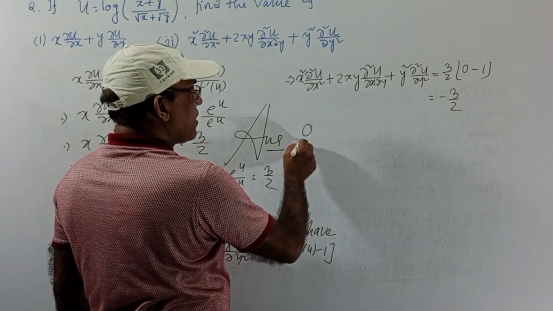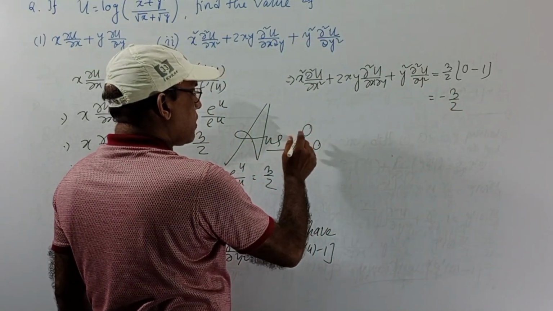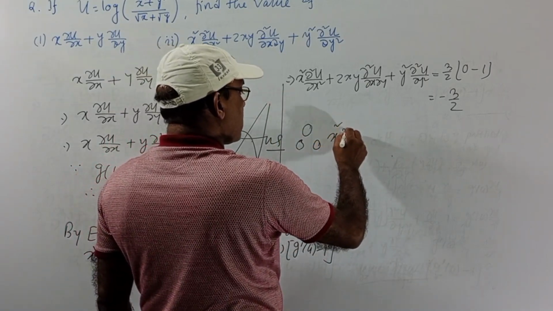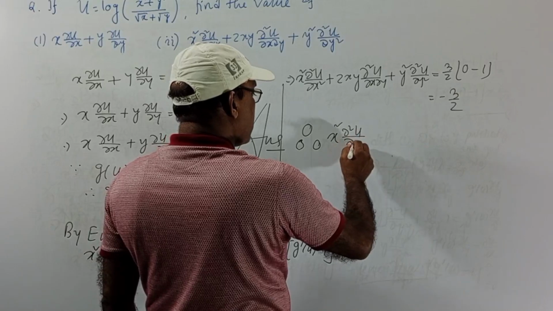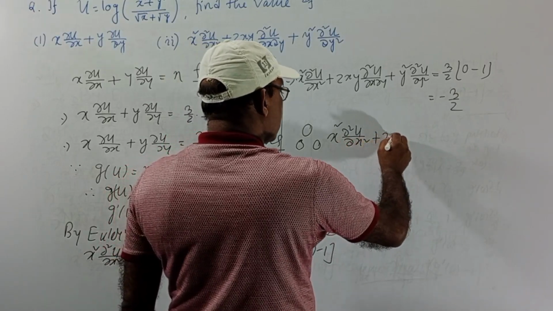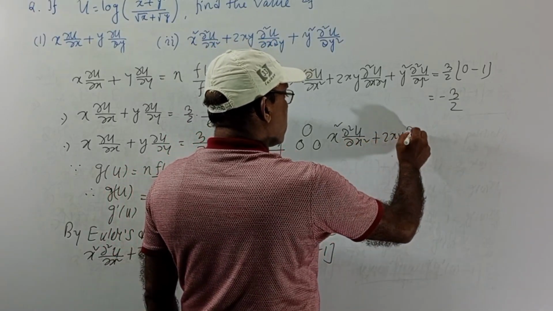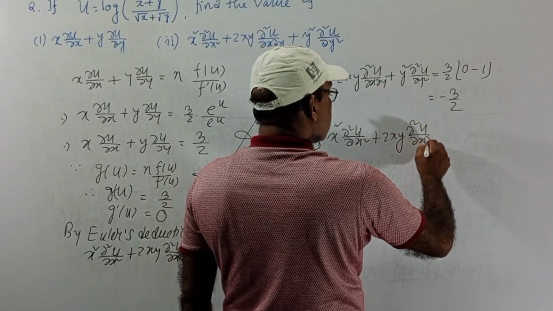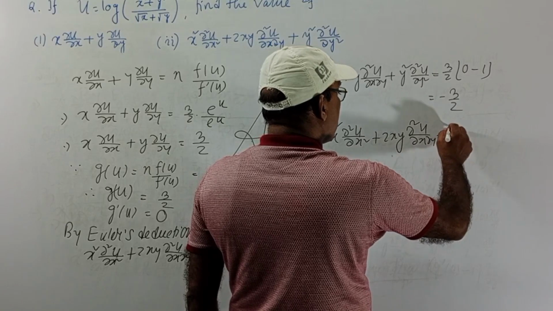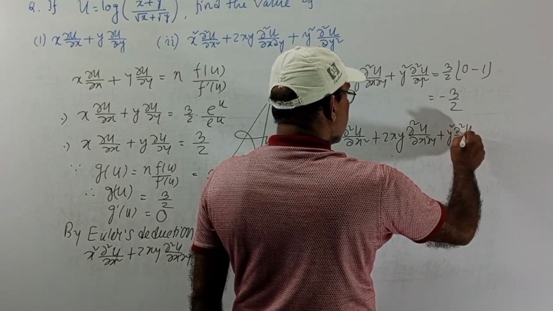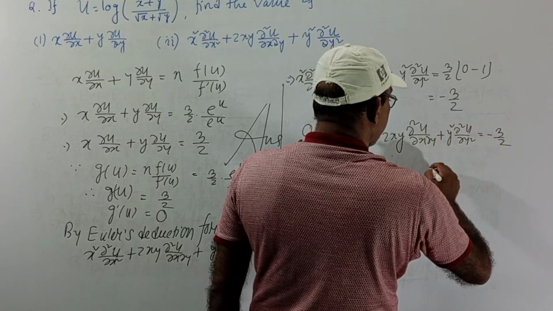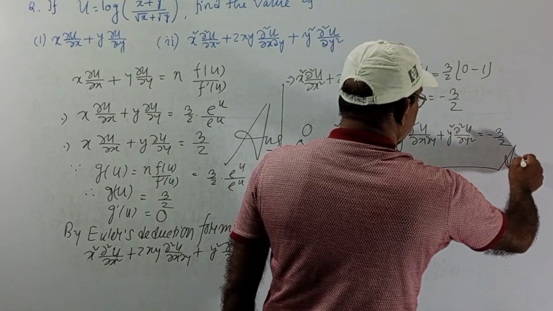So finally we get x square del square u del x square plus 2xy del square u del x del y plus y square del square u del y square equal to minus 3 by 2, and this is our answer.